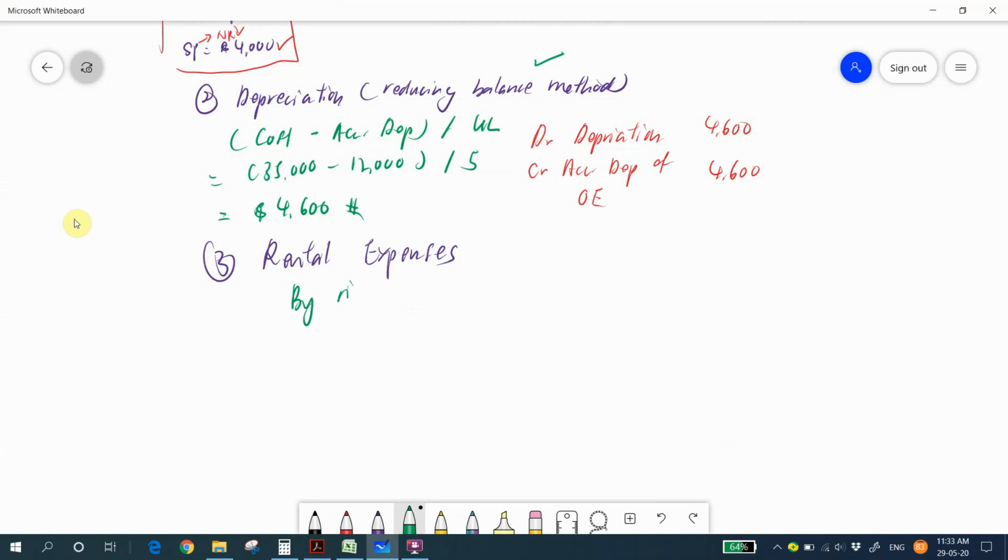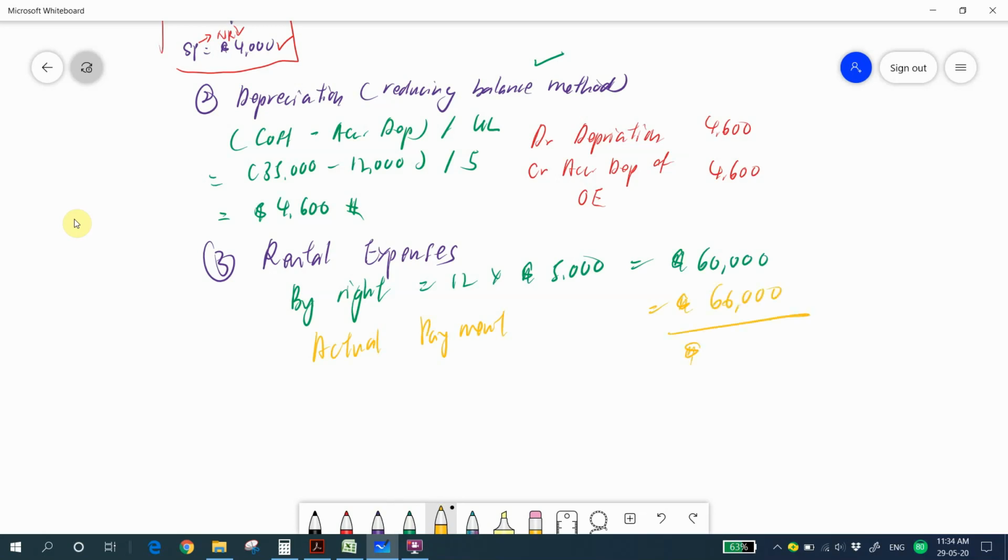By right, my rental expenses will be 12 times 5,000. Why 12? Because we have 12 months in a year, so 60,000. And the actual payment that we make is 66,000.